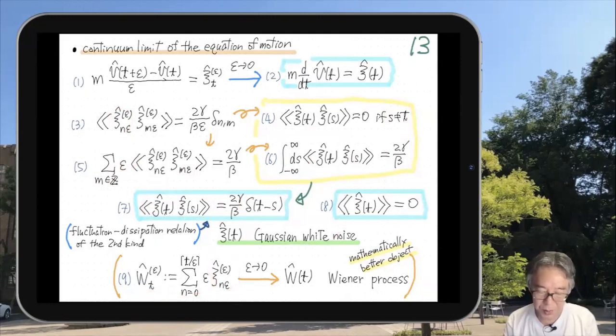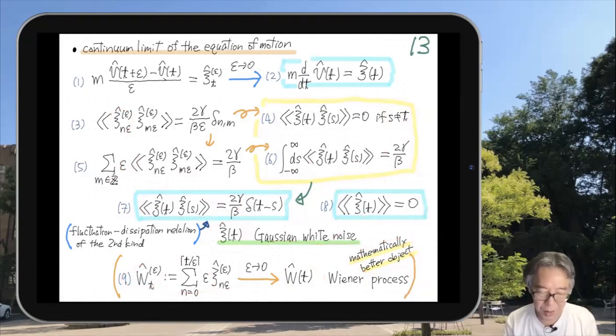And if you consider the epsilon going to 0 limit of this thing, then you get something called a Wiener measure, which is a rather well-defined measure, which is continuous in t. So usually mathematicians treat this quantity, W, the Wiener process, rather than xi itself. But here I don't care, and I do as physicists usually do.